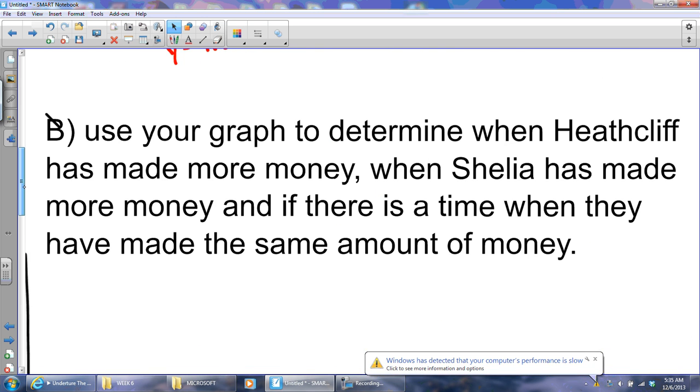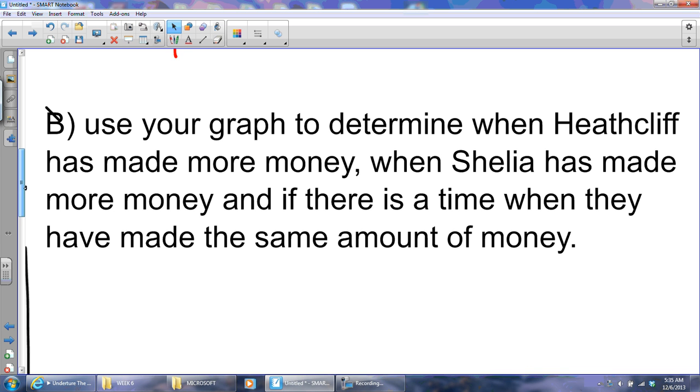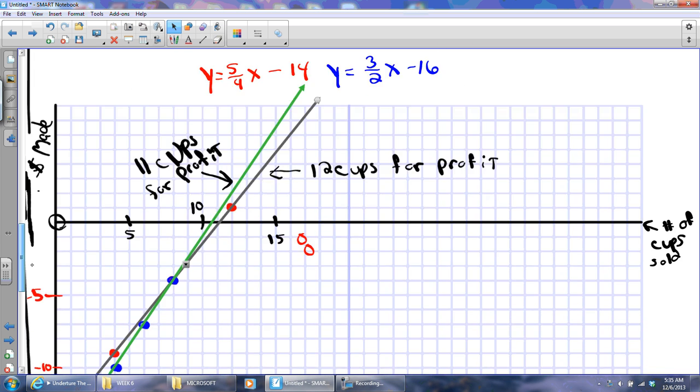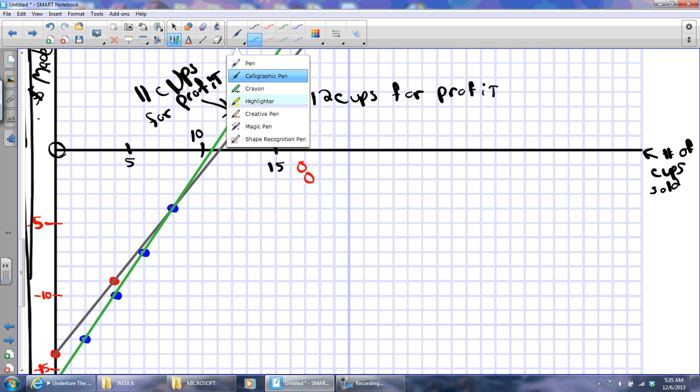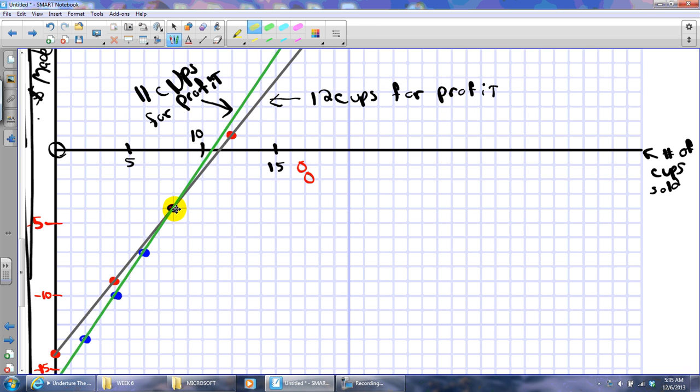Okay, so use your graph to determine when Heathcliff has made more money, when Sheila has made more money, if there's a time when they make the same amount of money. Well, you know what? Let's start with that same amount of money one. That's the important one. Remember I drew attention to the fact that they crossed at this point right here? That's the place where they've made the same amount of money. Okay, so they've made the same amount of money, and you'll write this in a sentence.